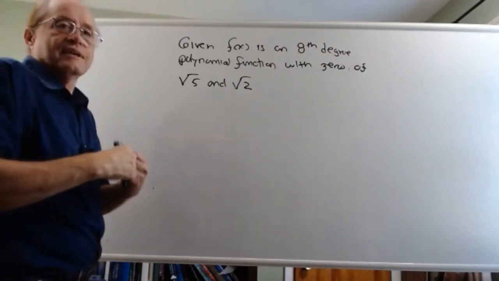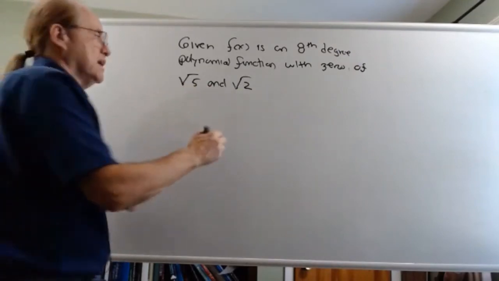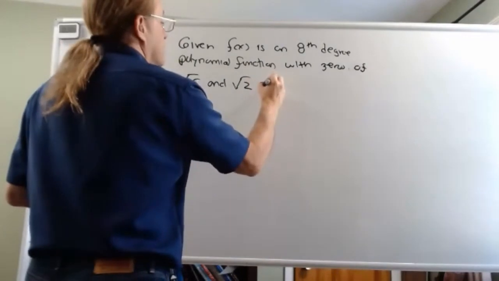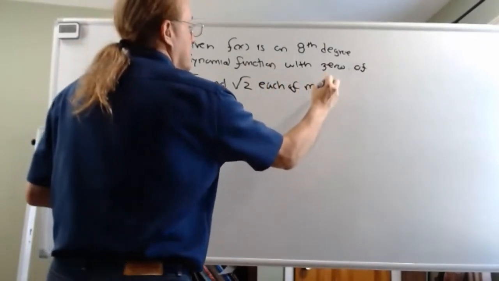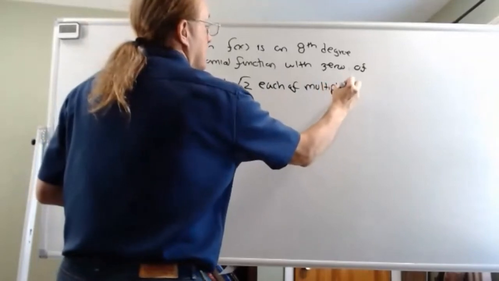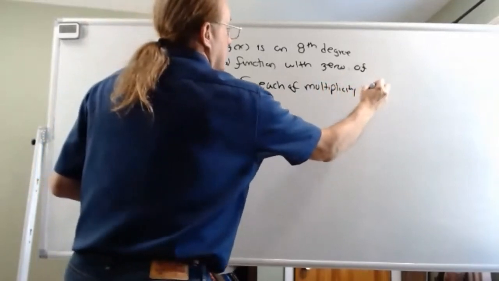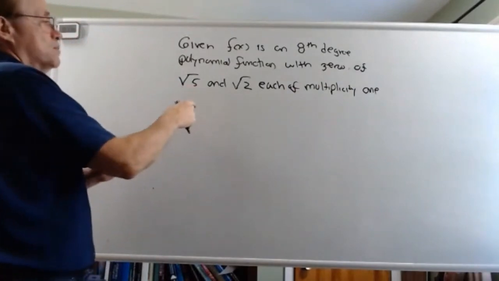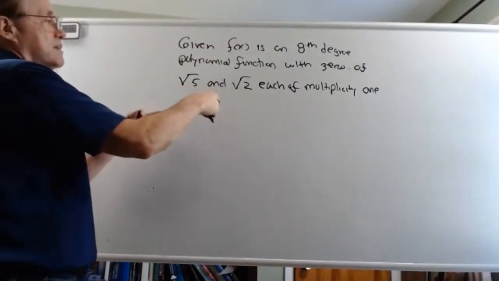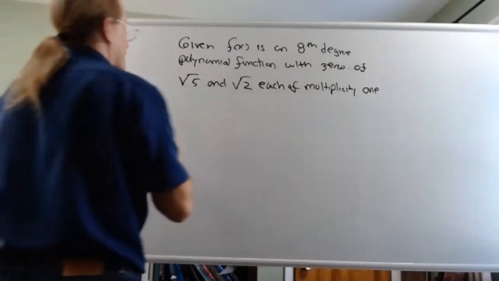The multiplicity is how many factors you have of that. So there's only one factor for each. x minus the square root of 5 and x minus the square root of 2 is a factor.